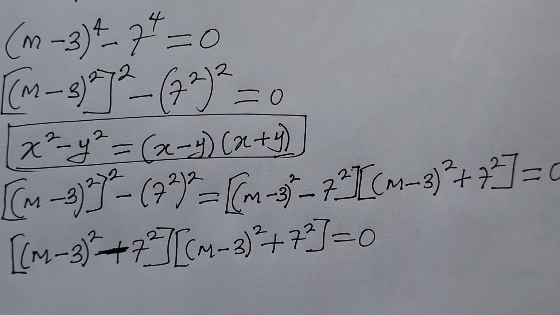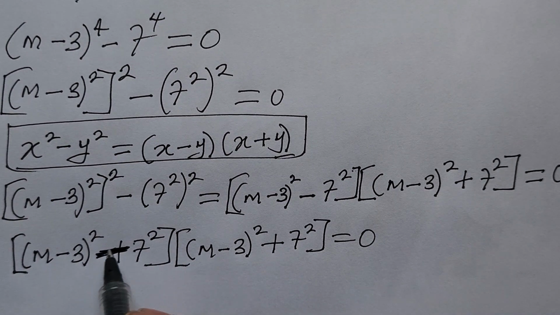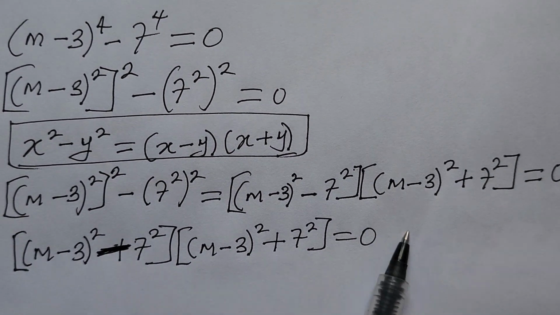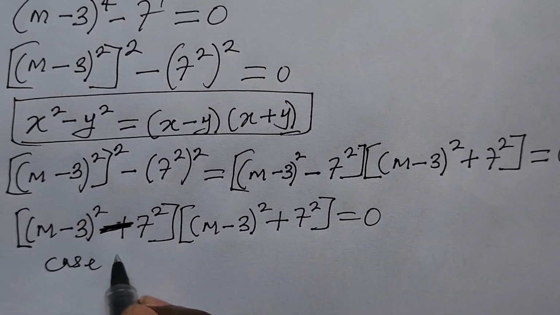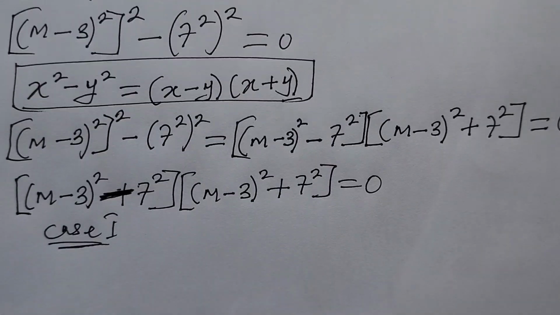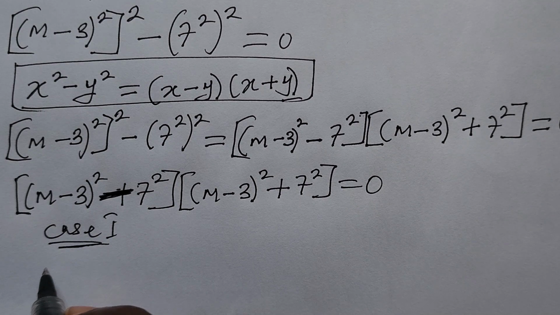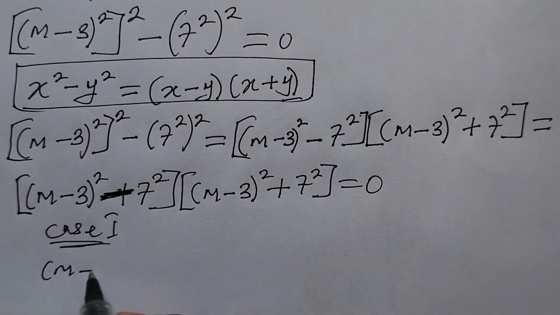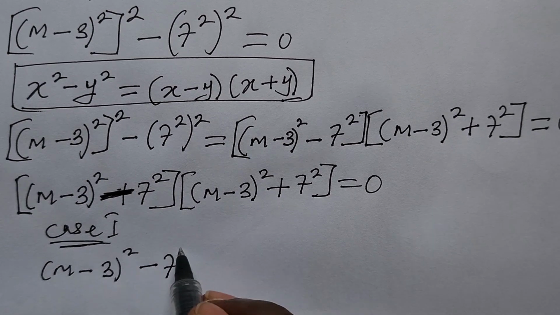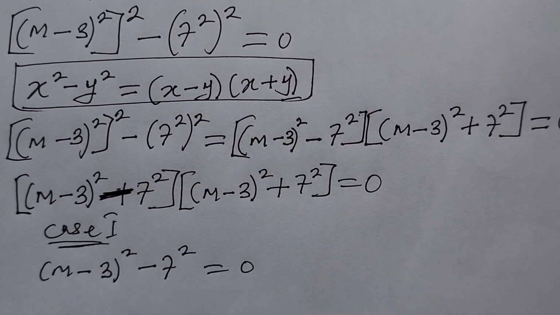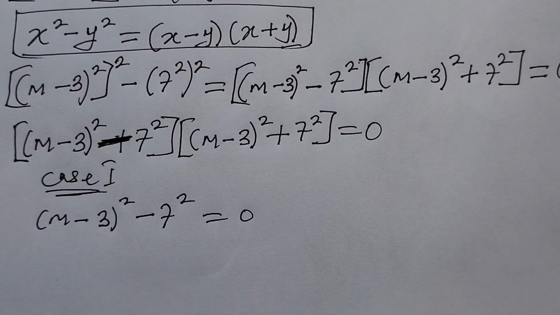So here we can apply the zero product rule, where we equate each factor to 0. So we're going to have case 1: (m − 3)^2 − 7^2 = 0. Let's solve case 1 first.